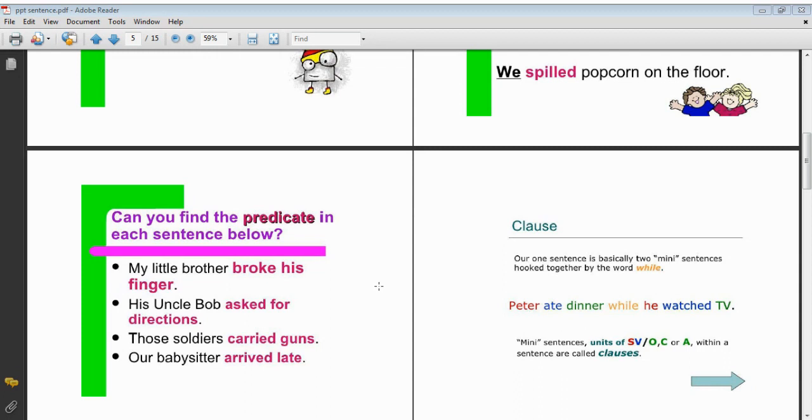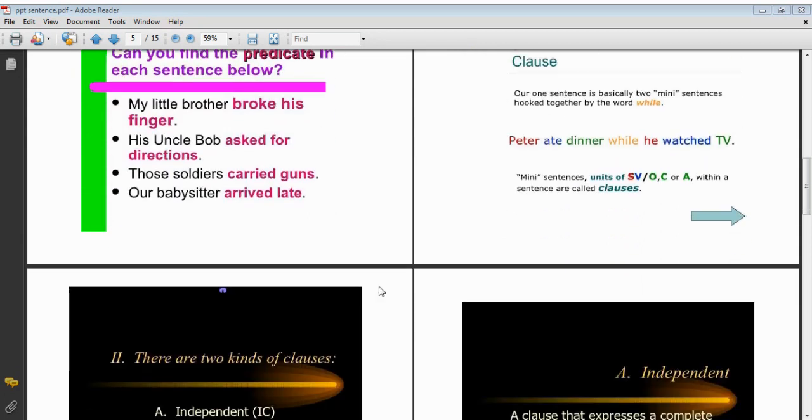This is the main definition of a clause. How would we identify it? That it is a complete sentence within a long sentence. So two clauses are there in this sentence, and these two clauses have been joined together with the help of a conjunction, that is "while".